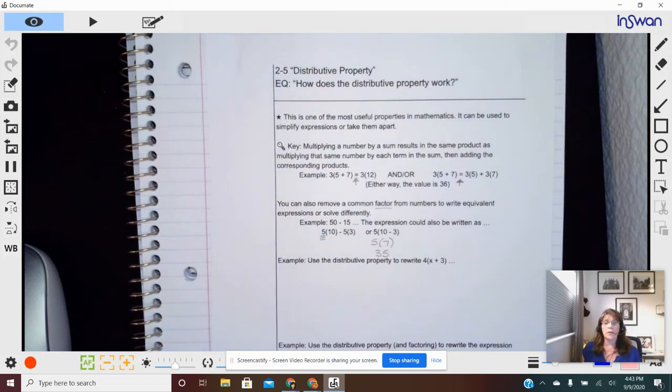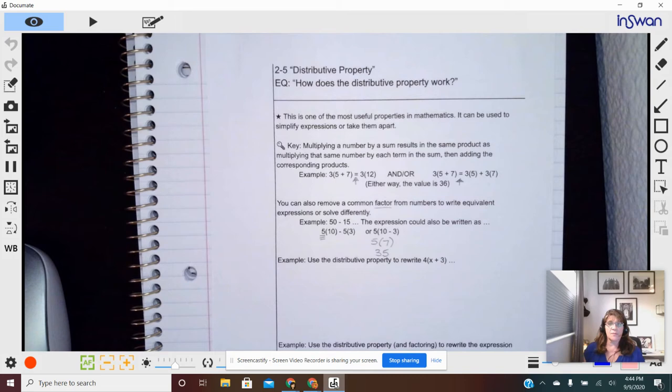Do they all equal 35? And if you went through and looked, you would say, yeah, they do. Okay, so again, I know it feels silly at first, but please, we'll keep working with this and you'll see.